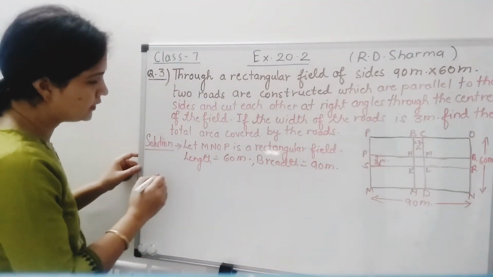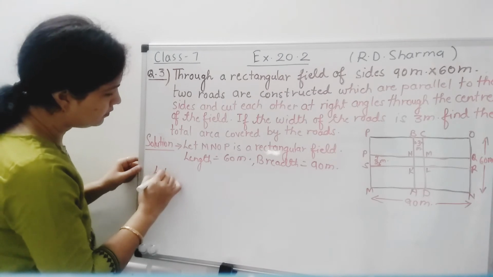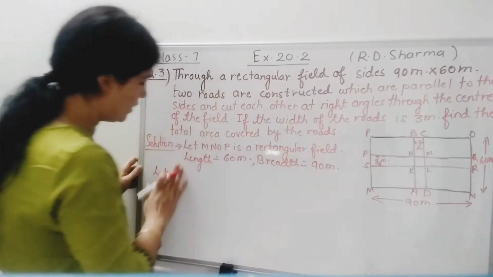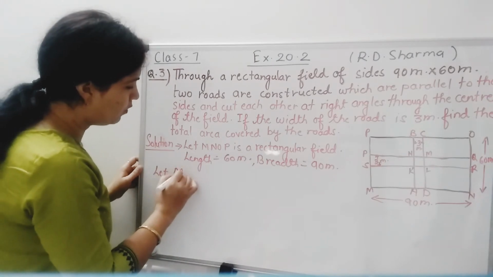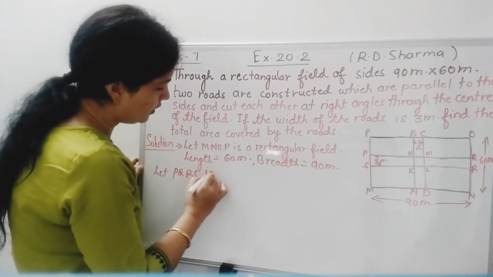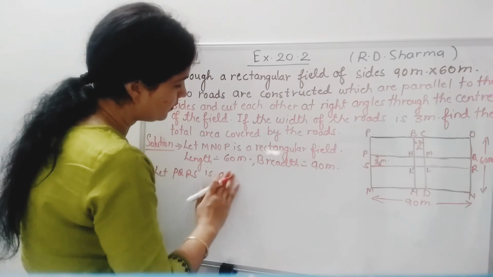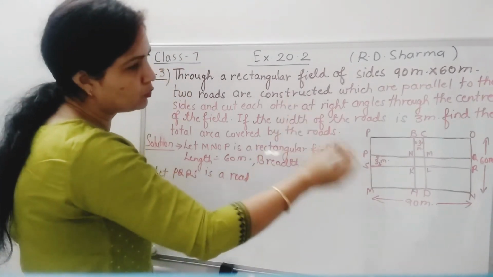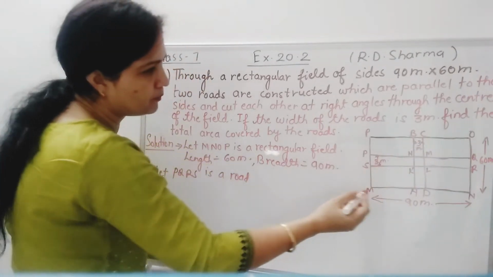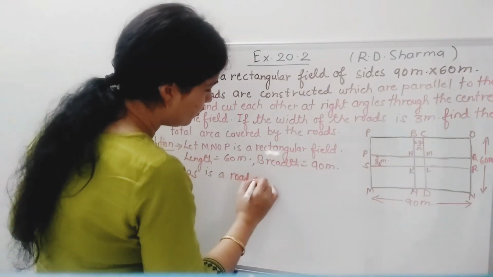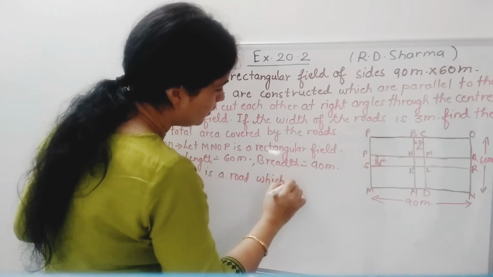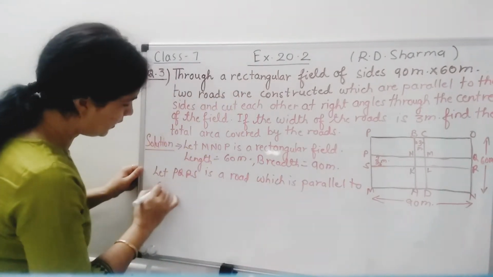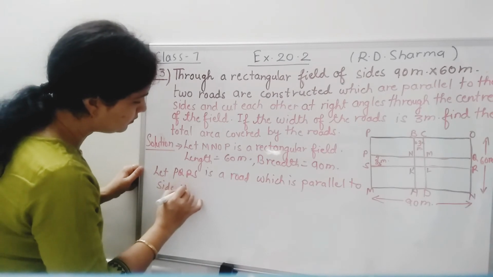Okay, now we will see. First I am talking about this PQRS, not K. PQRS is a road which is parallel to side MN.